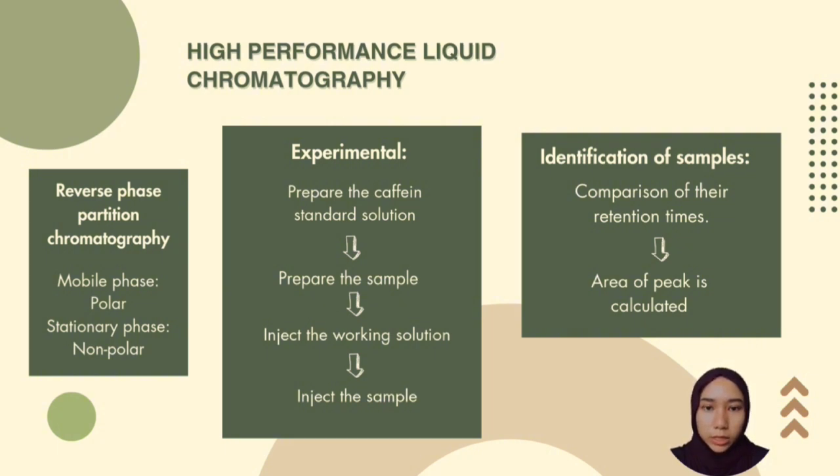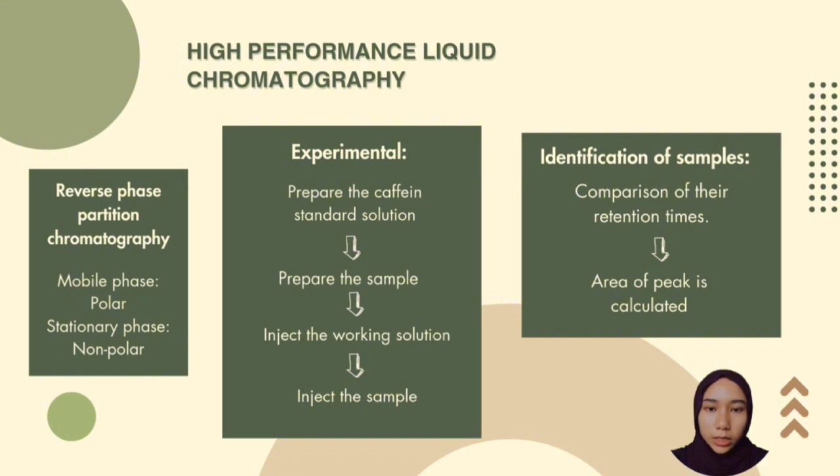Identification of samples is carried out by comparison of their retention times. When a compound is injected, the retention time is recorded and the area of the peak is calculated.